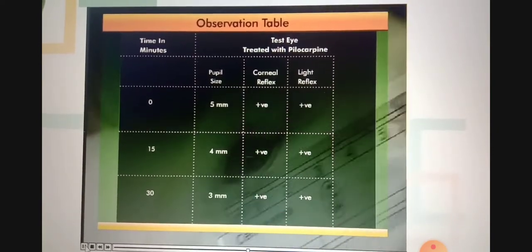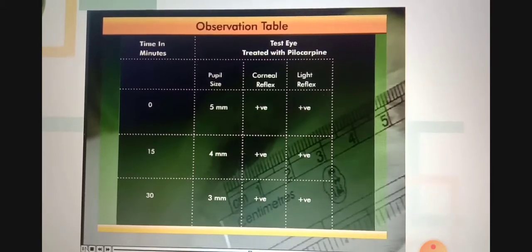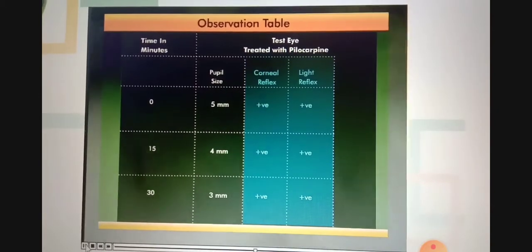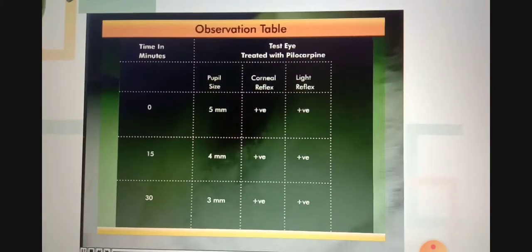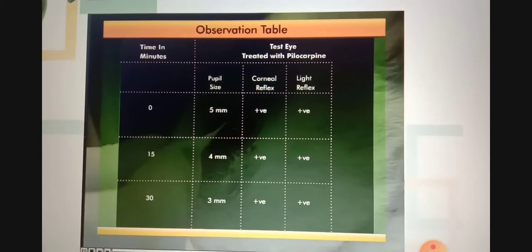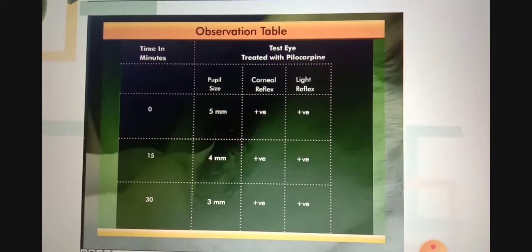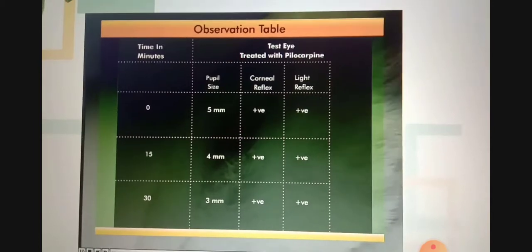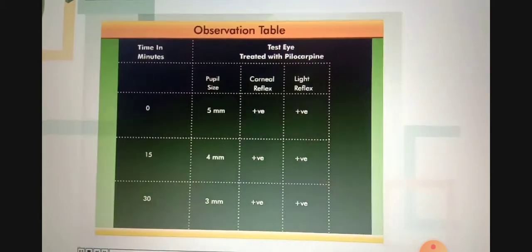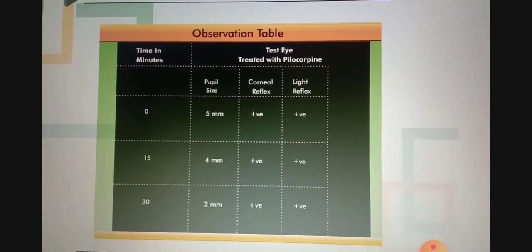You will observe that the pupil size of the test eye decreases as compared to that of the control eye. Also note the unchanged pupil size in the control eye throughout the experiment, along with presence of corneal reflex and light reflex.